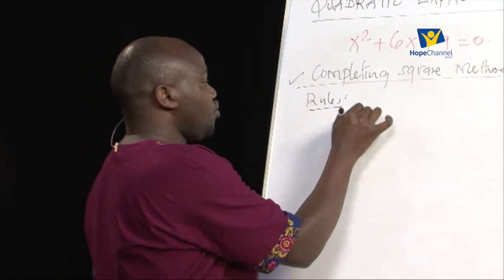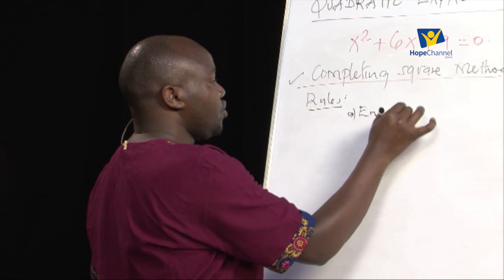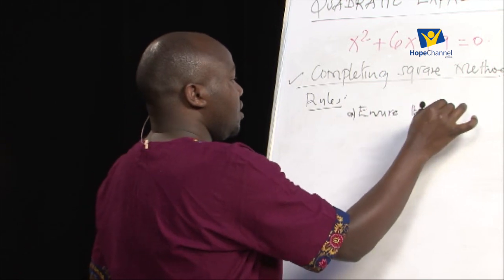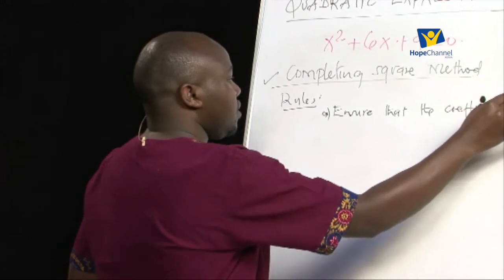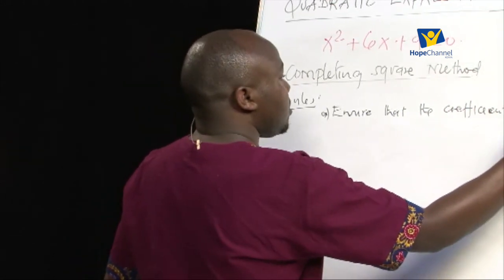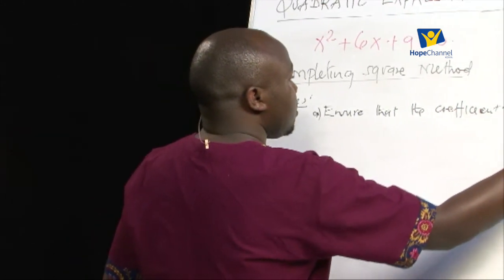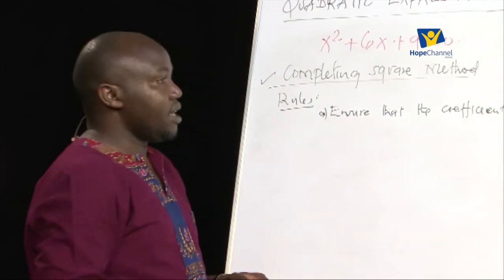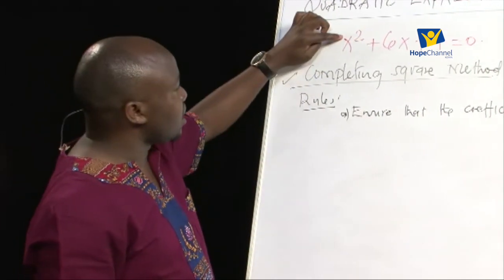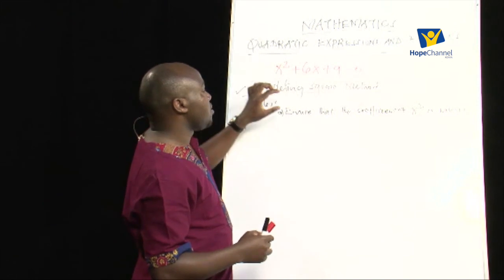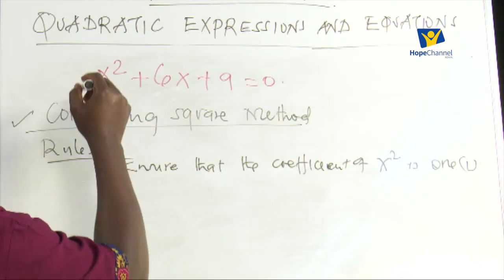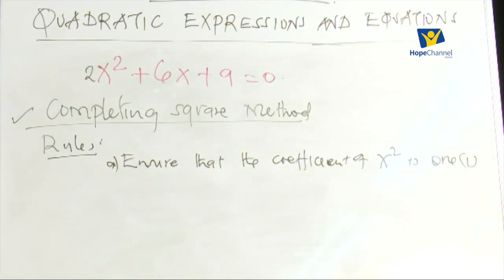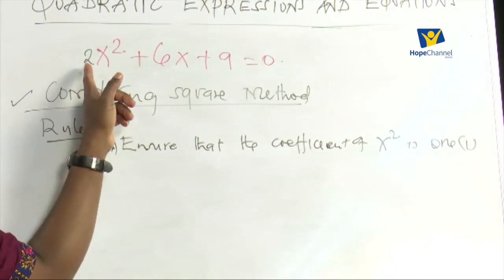You must ensure that the coefficient of x squared is 1. Just 1 as a number. But if already like this one now, the coefficient of x squared is already 1, so we can forgo the first rule.